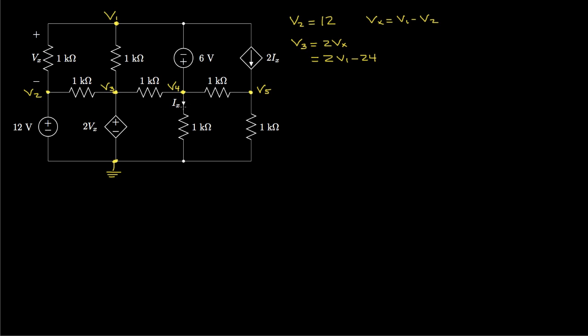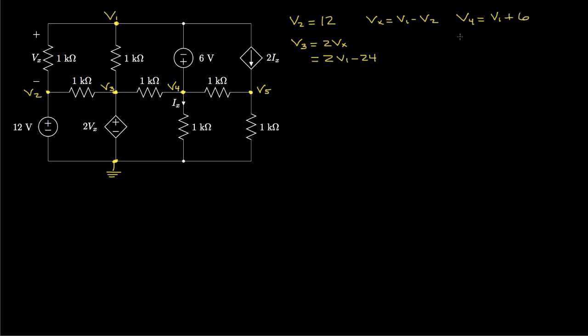Well, we're going to need this current, Ix, and that's related to V4, but V4 is connected to V1 through this 6 volt voltage source. So another expression we might have is that V4, and that's going to form a supernode, will be V1 plus 6.